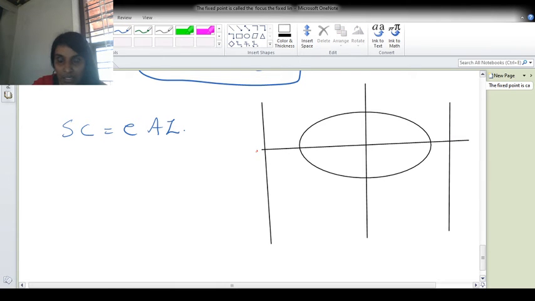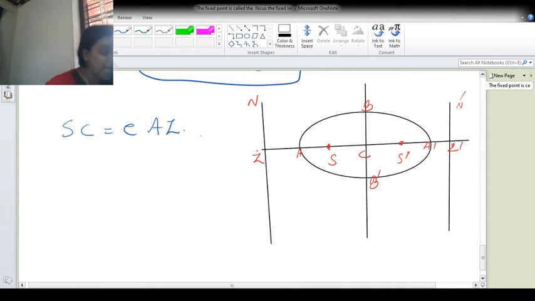Here Z, N, here A. This point is S. This point is S dash. A dash, Z dash, N dash, B, B dash. So what is here C? What is SC?